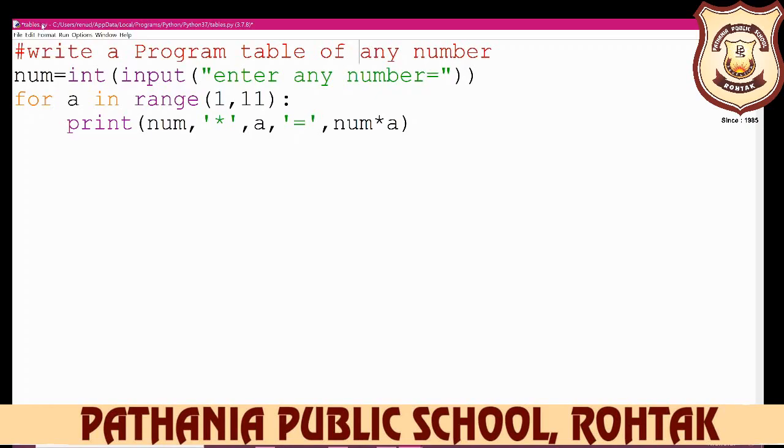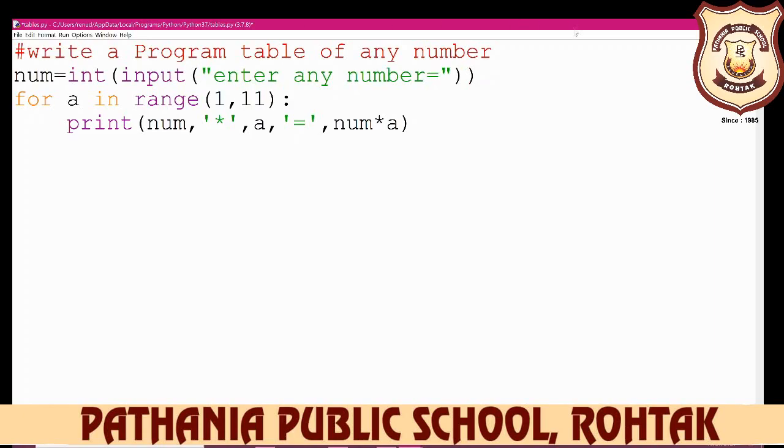And one more point here, beta. If you write the hash sign before a line, your line will be treated as a comment. So in front of any line, you write the hash sign. So your line is now a comment, and the compiler does not compile this line.